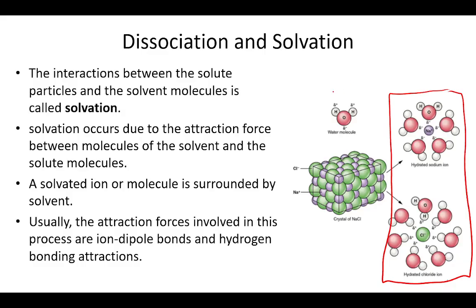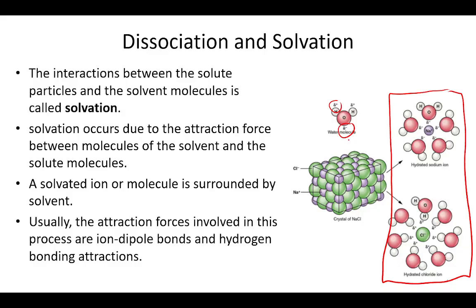So water is very, very, very polar. It has a large dipole moment. It has these partial negative pieces, partial positive pieces. And there is attraction based on those partial charges to respective ions in many of our ionic solids.